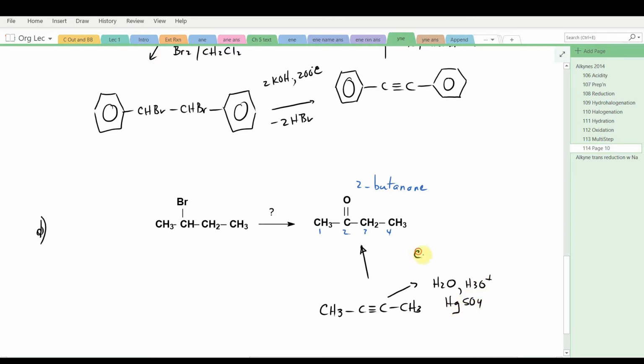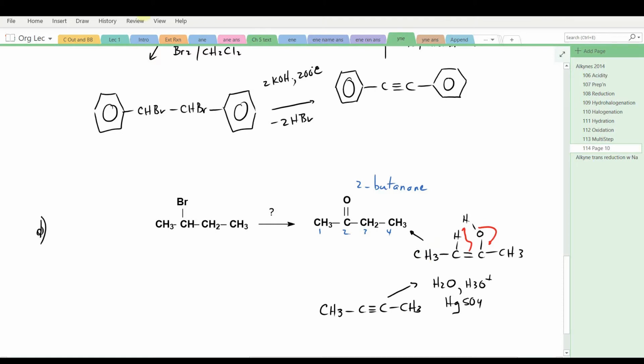It actually gives the enol and that rearranges spontaneously to the ketone. Something like this. Yeah. So if we had an alkyne, we could hydrate it to the enol, which rearranges to the ketone.